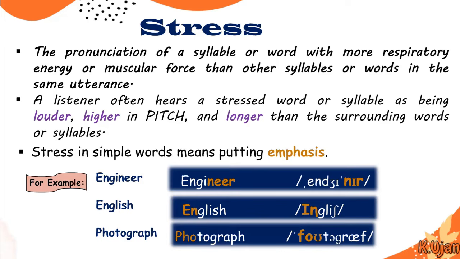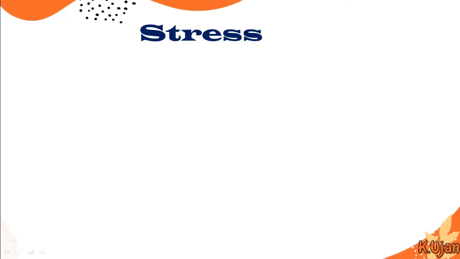How are we going to recognize which part we are putting stress on when we find words in the dictionary? This is the stress symbol. We recognize that we are supposed to put stress on this part, as it is there in for, photograph, right? Or in English. So this is the symbol of stress.